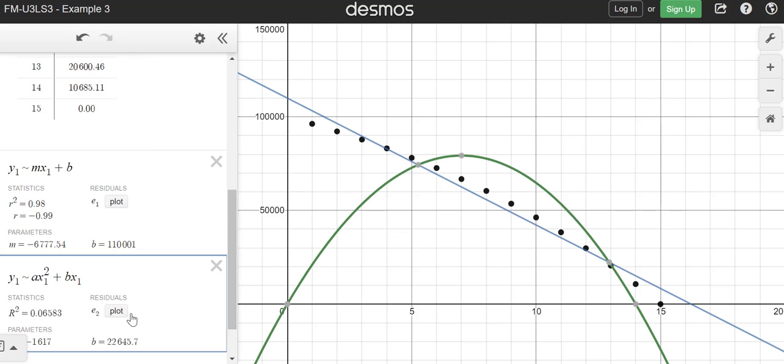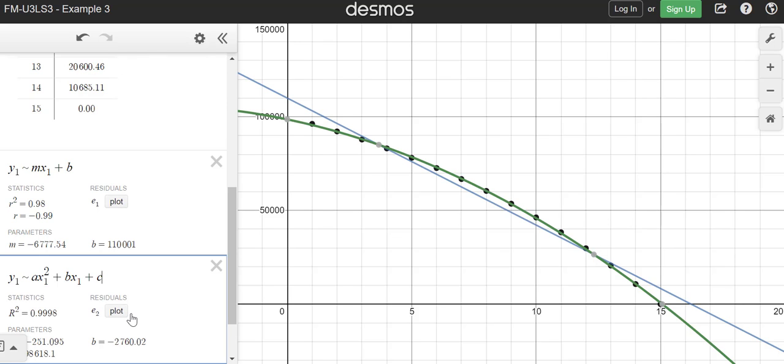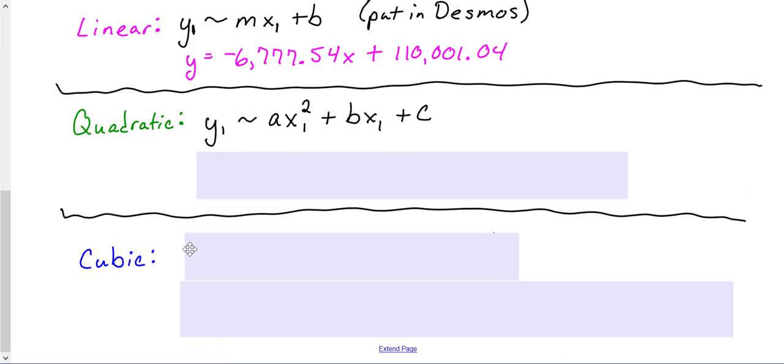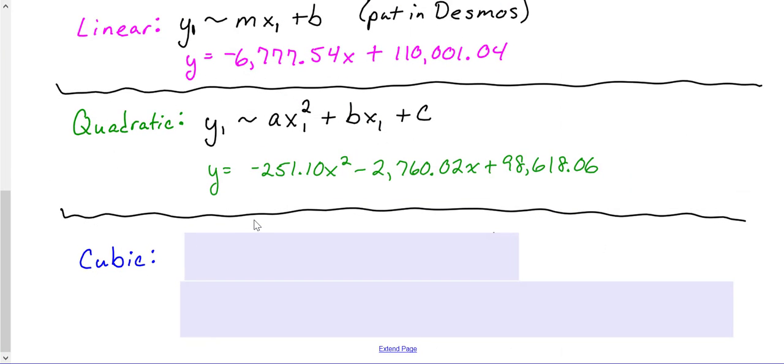I'm not doing anything special to get the lower 1; I'm just typing 1 after the x, and it recognizes that it goes into a sub position. We can already see our green line for the quadratic is fitting our points slightly better than our blue line. Like the linear format, the quadratic gives us parameters with values for a, b, and c so we can write our equation. These are just the values from Desmos.